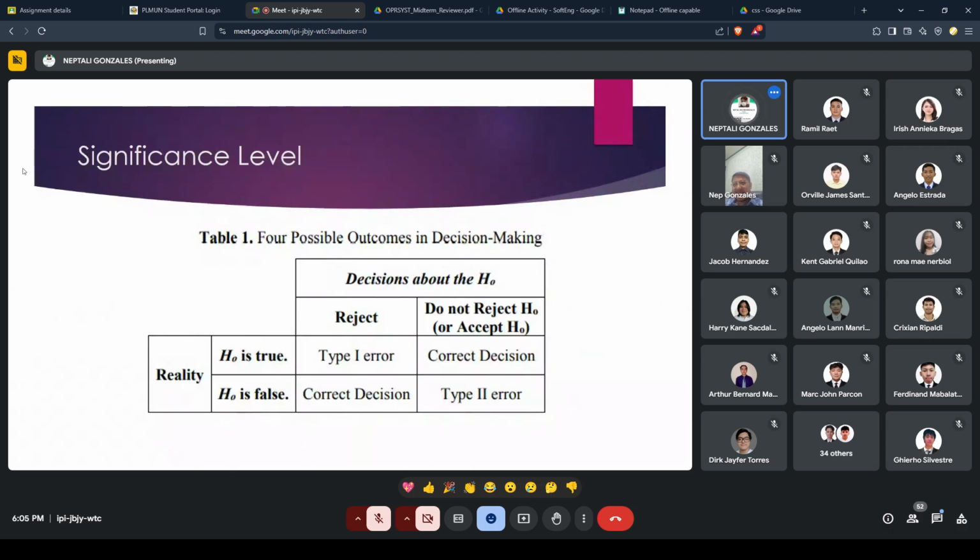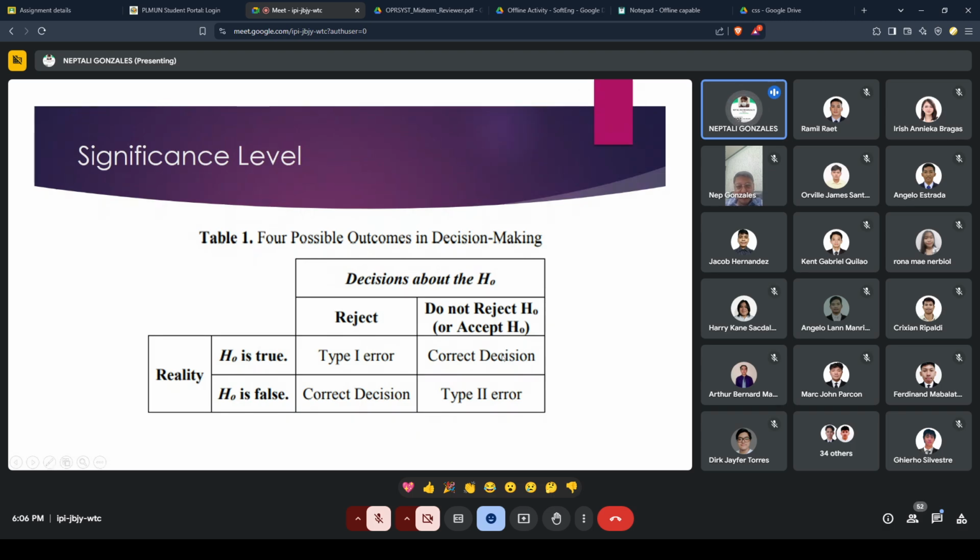So this is decision making, the four possible outcomes: decisions about the null hypothesis against what is the reality. If the null hypothesis is true and you rejected it, that means you committed a type 1 error. If in reality the null hypothesis is true and you accepted it, that is the correct decision.